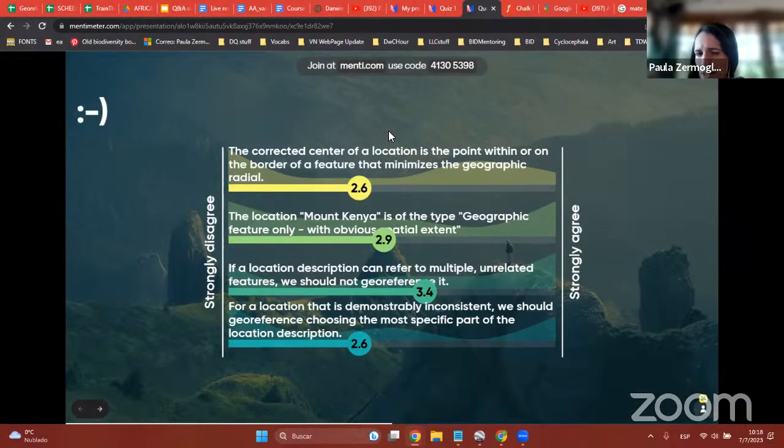And so I'm going to georeference it anyway with all this information, making a note that the province is wrong in the location that I'm looking at.